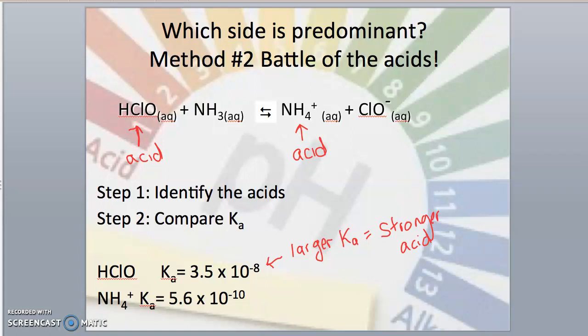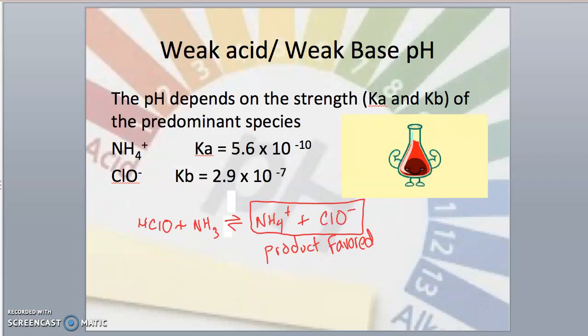In this example, HClO has a larger Ka, so it is stronger than the NH4+, meaning it is more effective at donating a proton, so the forward reaction will occur more than the reverse, leaving us with a product-favored reaction. Either method will work to identify if the reaction is product-favored or reactant-favored.